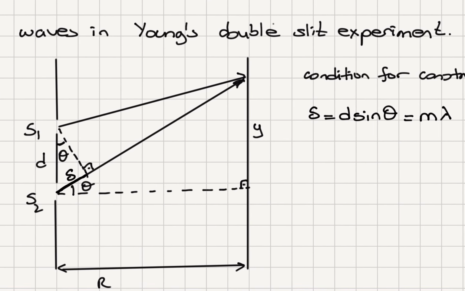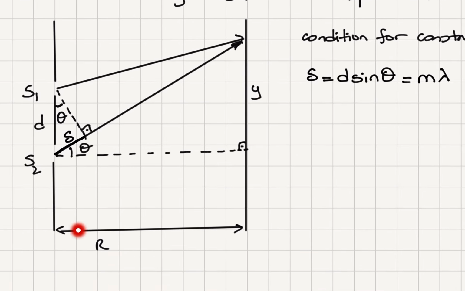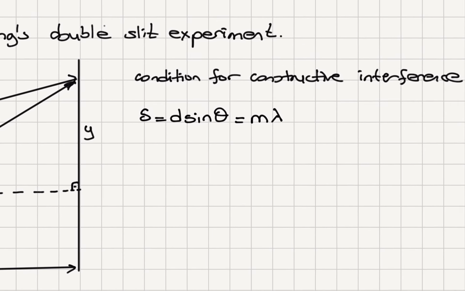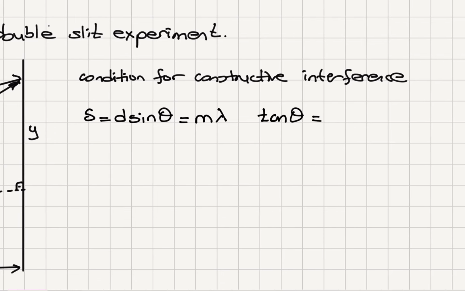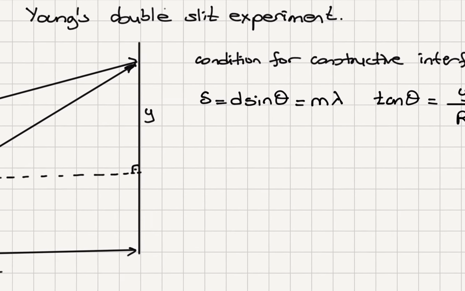At the same time, this angle is 90 minus theta, and this angle is theta. You can see that tangent of the angle theta is y, where I have observed constructive interference, the bright spot, divided by the distance between the slits and the screen. So I can write tangent theta equal to y divided by capital R, which is also approximately equal to sine theta for small angles.